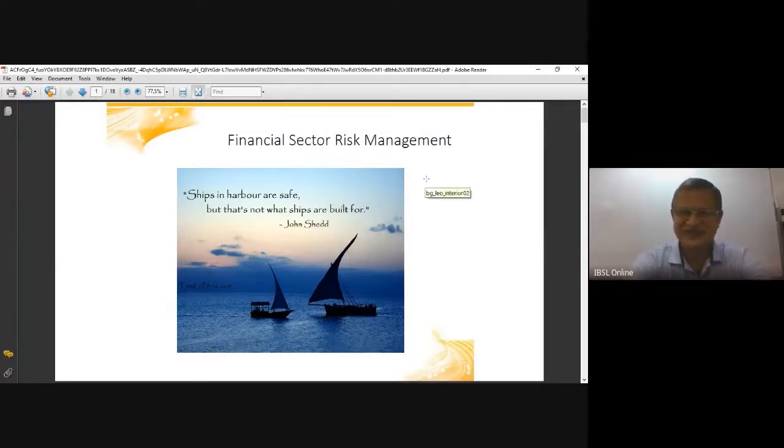If you want to do business, you need to take risk. Ships are built to sail, so they have to come out of the harbor. Once they come out of the harbor, they face risk. Similarly, when banks open doors for customers to transact with them, they come across various types of risks, which we are going to discuss in detail.